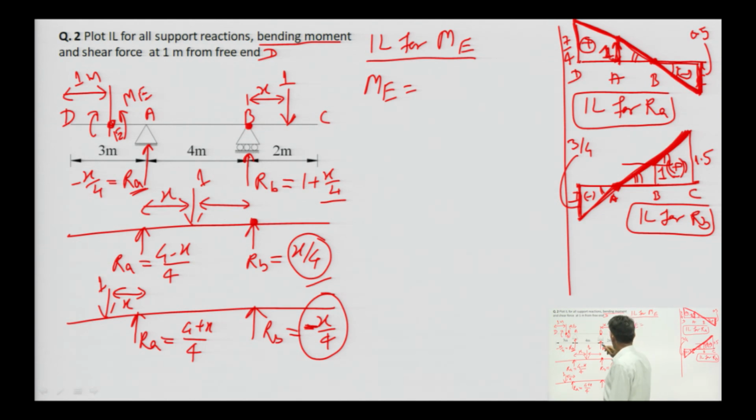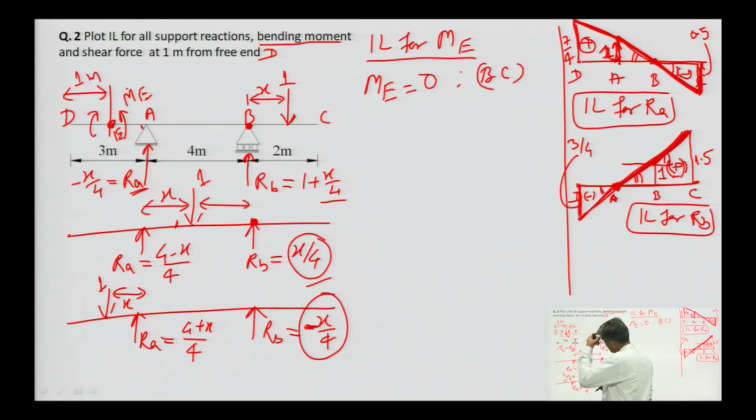If we consider this one segment, then what will be the value of bending moment at point E? Bending moment at point E is actually 0, because we do not have any load, considering this one part. So, this one is for the BC segment.